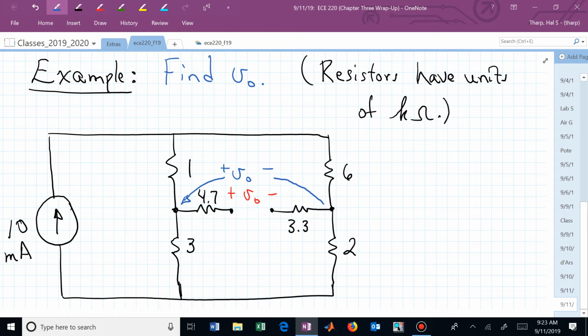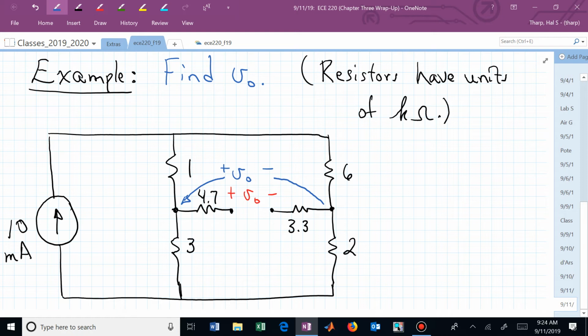If they're balanced, then what do we know about V sub 0? If this bridge circuit was balanced, there would be no voltage across those two nodes. There would be no current flowing through that. And that's the scenario we have here.